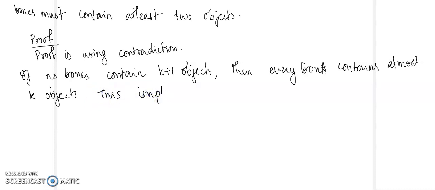This means the total number of objects will be at most kn, which is a contradiction. So therefore there must be a box which contains at least k+1 objects.